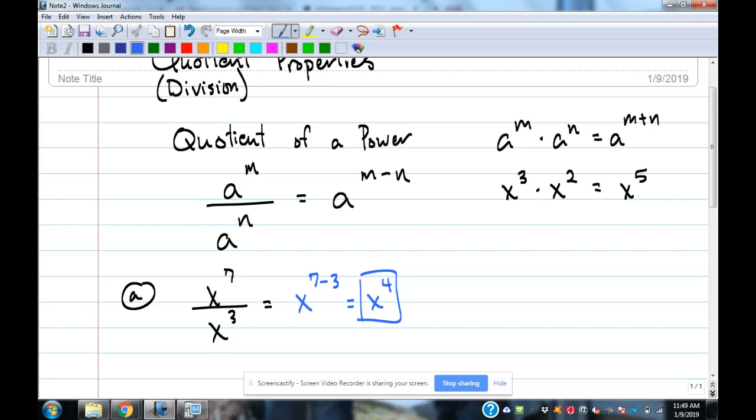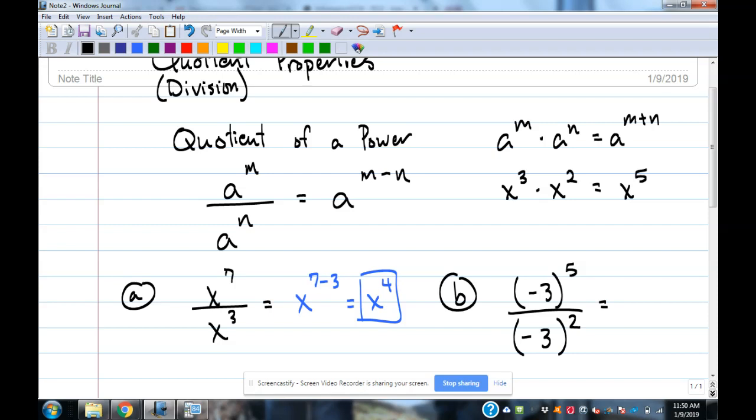Now, let's do another one. Let's say we have a base of -3 with an exponent of 5 and a base of -3 with an exponent of 2. Are the bases the same? Yeah, they're both -3 as the base.